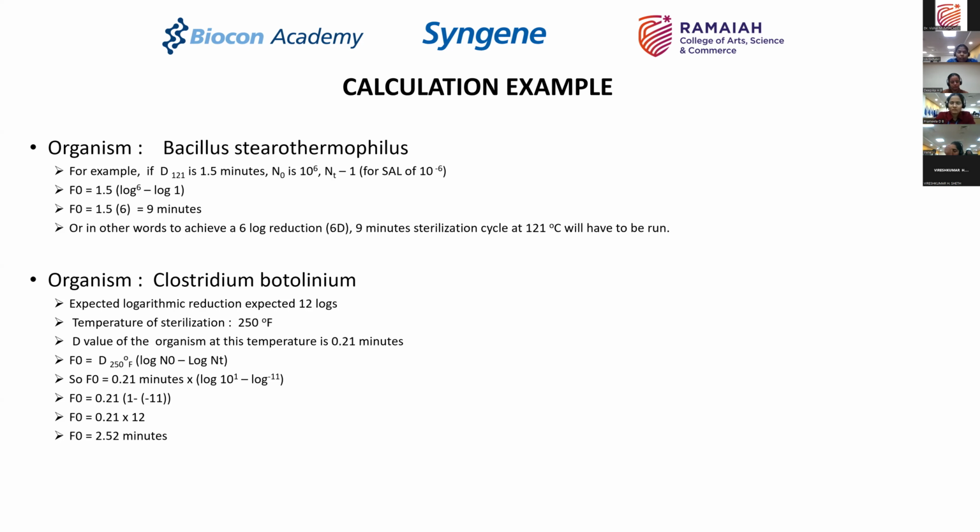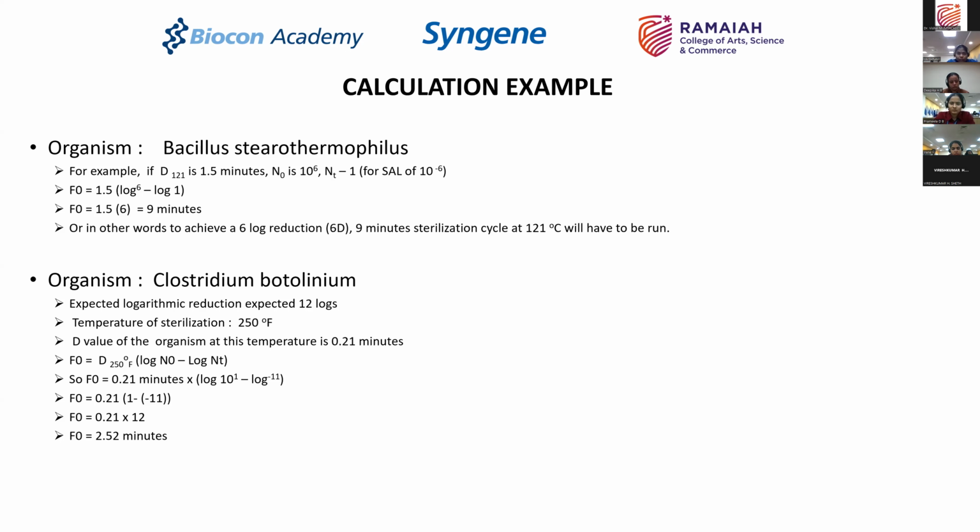When you calculate the F0 value, your answer will be 18 minutes. So if you were to run the sterilization cycle for 18 minutes, then you should see a 10 to the power of 12 reduction. So you keep all these bacterial spore strips at strategic locations inside the chamber along with your load. Now you run your cycle for 18 minutes.